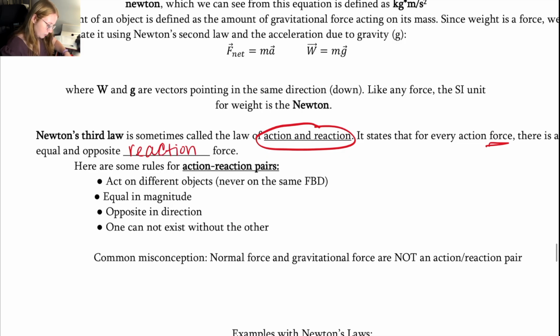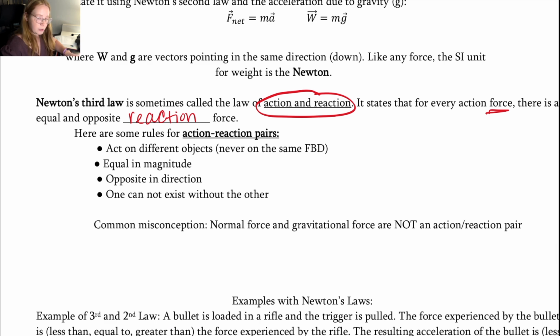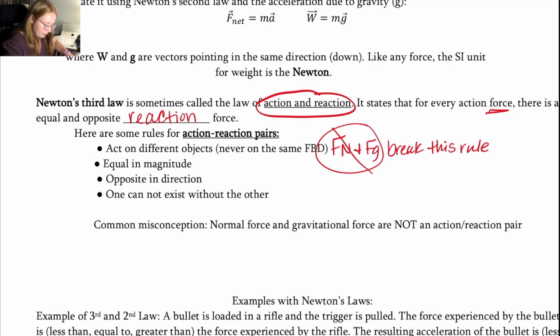Okay, so here's some rules. They have to act on different objects, so they can't be in the same free body diagram. That means Fn and Fg break this rule. So they are not an action reaction pair. And I can't state that enough.